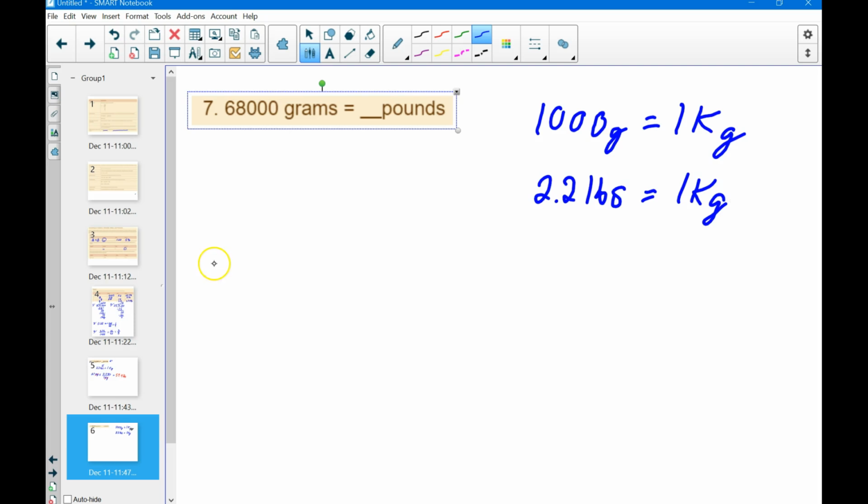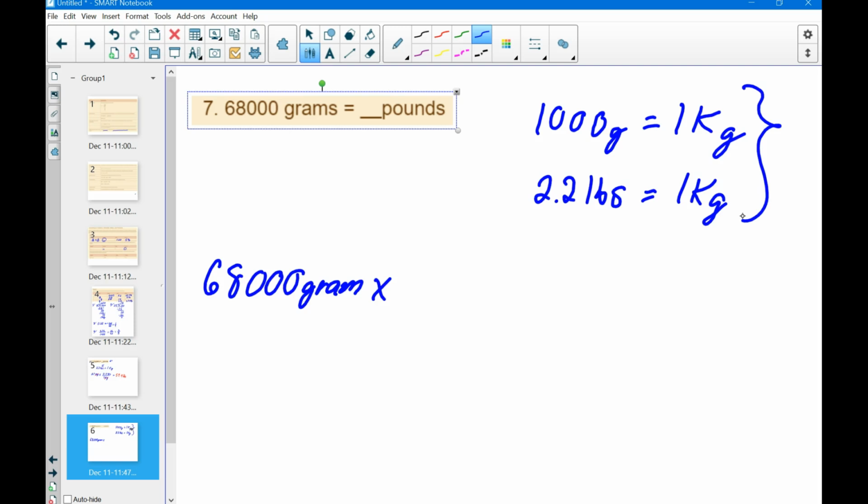So we started out with 68,000 grams. I want that unit to cancel. So I'm going to use one of these over here, and the only one that has grams in it is the 1,000 grams, 1 kilogram.